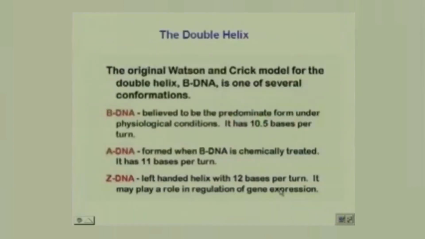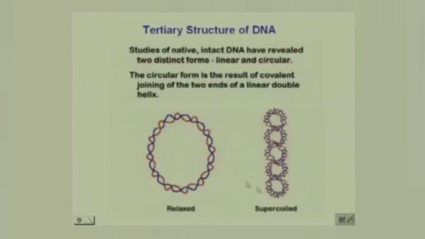Now, if the 2 ends are covalently joined together, okay, so if we chop this up, we are going to get a linear form, right. So when we have a covalent joining of the two ends of a linear double helix, we obviously will get a circular helix. Now, the circular helix remains in these two forms.